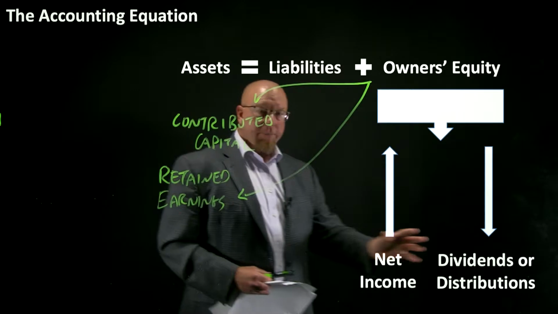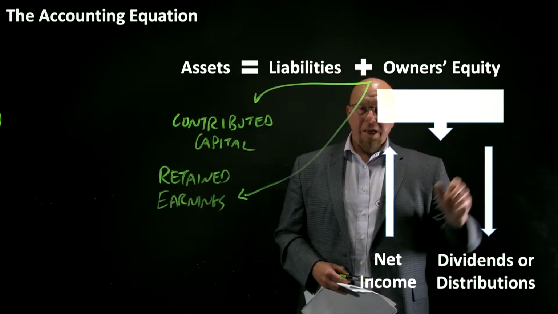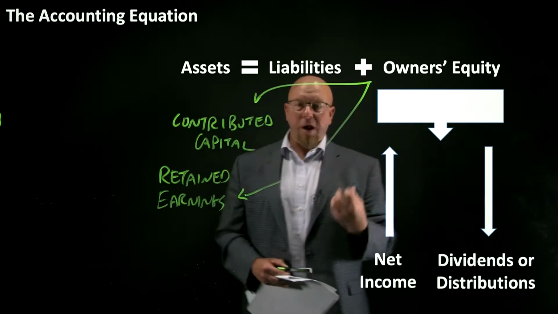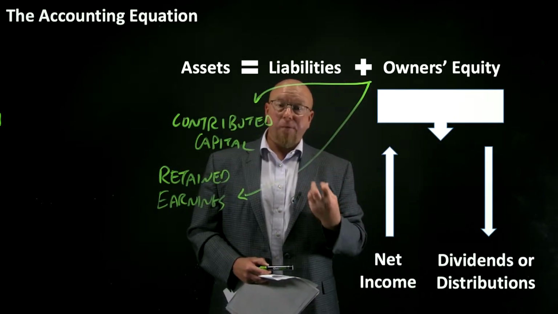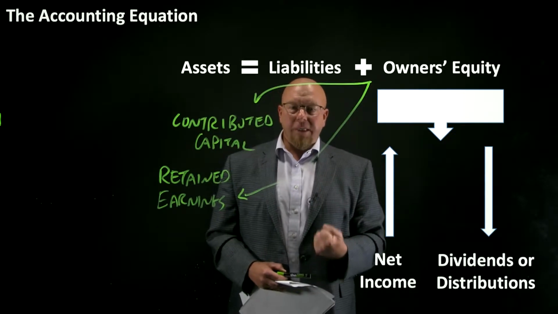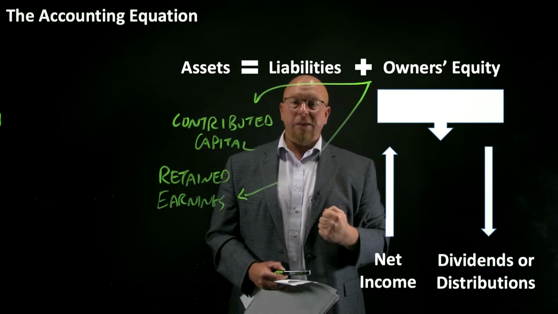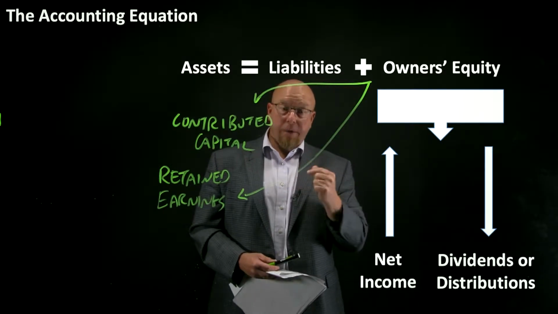So owner's equity, and we're really looking at the retained earnings portion here, as the company generates profits from operating, that will be measured on its income statement. The bottom line of the income statement is net income. That's going to drive up owner's equity. It's going to make retained earnings get bigger.